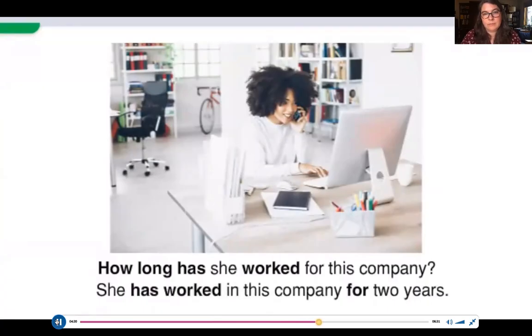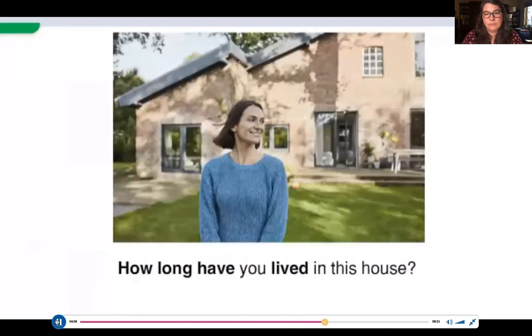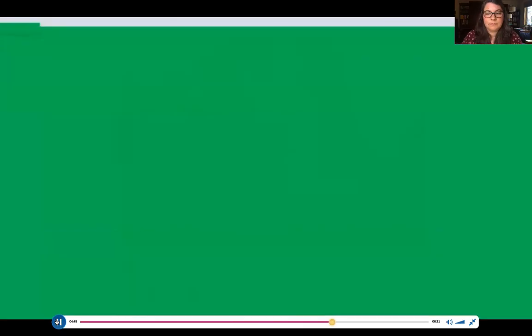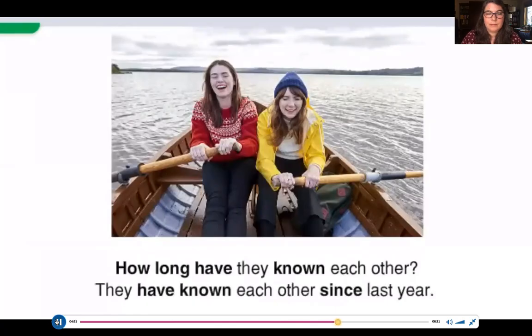Good. How long have you lived in this house? Okay, 6 months. I have lived in this house for 6 months. Period of time. How long have they known each other? They have known each other since last year.